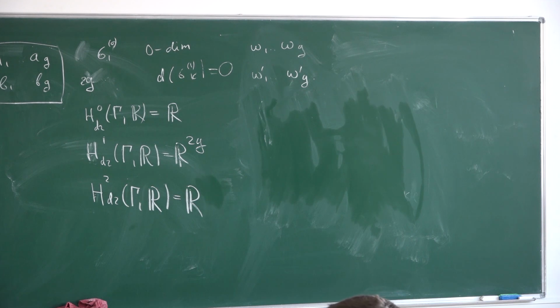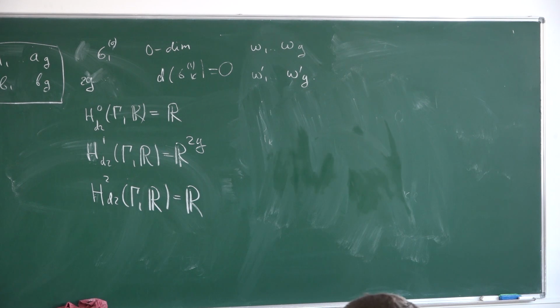So these forms are not exact, but all others can be constructed from them. Any other closed form is a linear combination of these forms plus the differential of a function. Therefore, we have this. Okay.